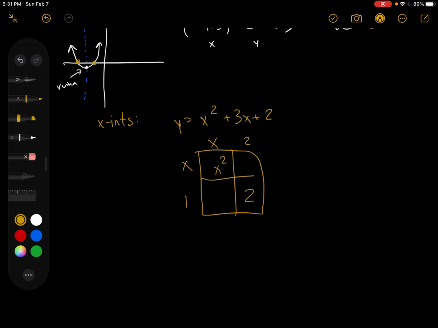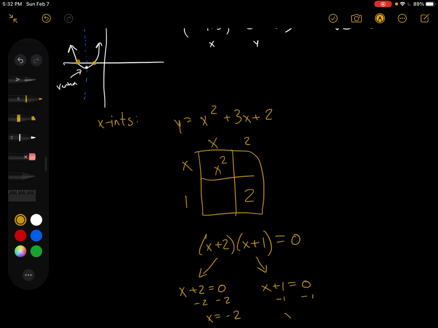And then we know that we're going to use 2 and 1. So we're going to have x plus 2 and x plus 1 equals 0. We can set each of these equal to 0. And then we can solve. Okay, so we have negative 2, and we have negative 1 as our x-intercepts.